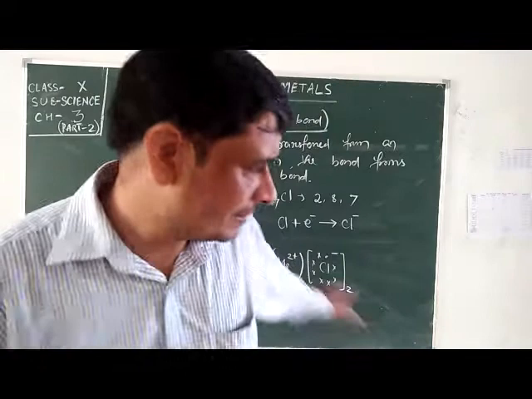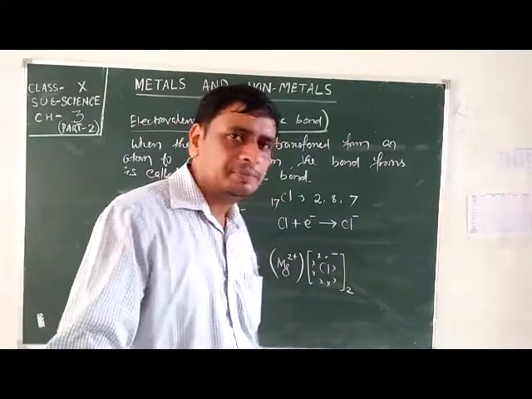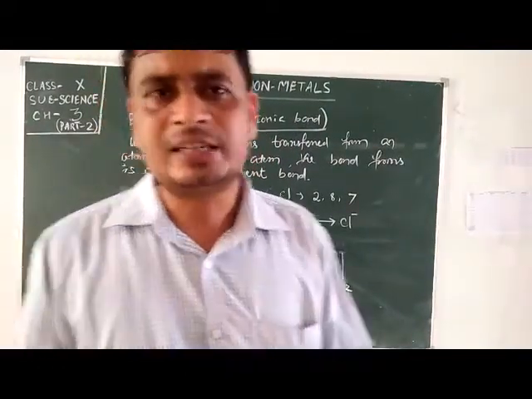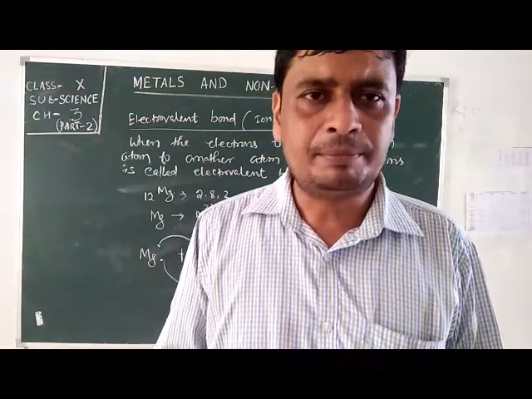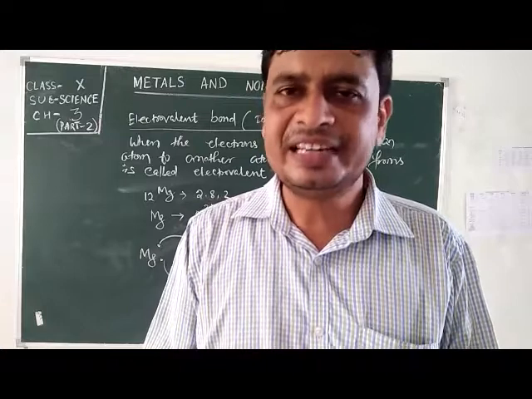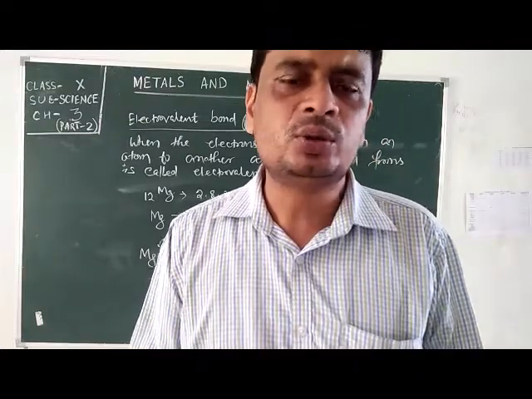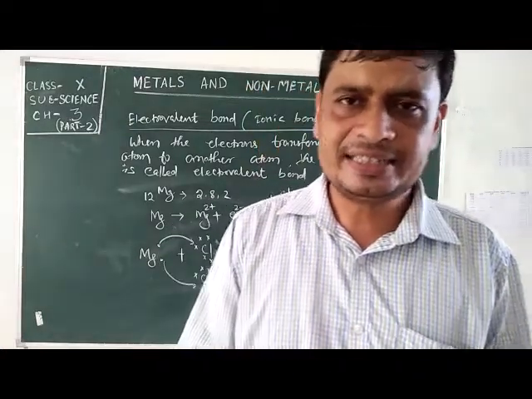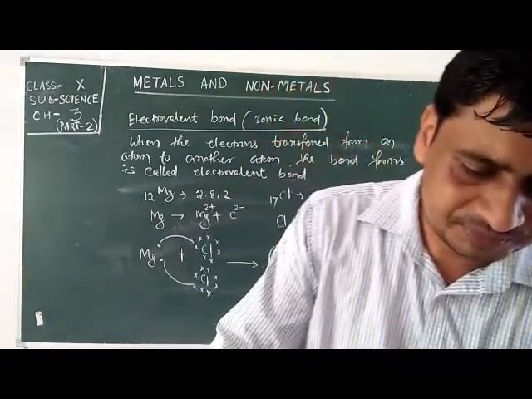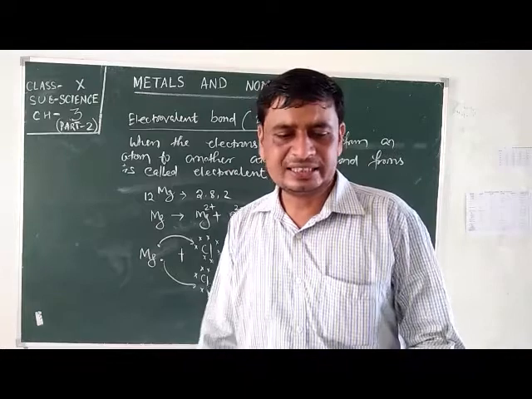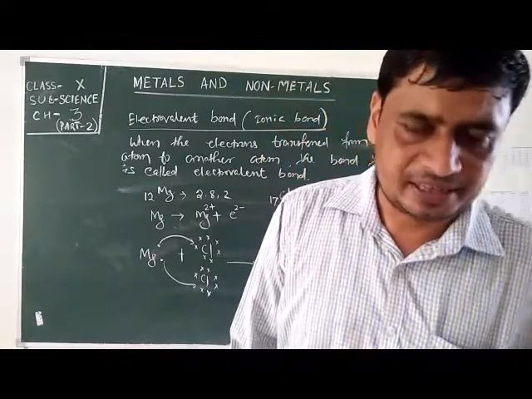In this case, MgCl2 is formed by transferring the electrons from magnesium to chlorine. So this compound is formed by electrovalent bond. So magnesium chloride is an electrovalent compound or ionic compound. Next we will discuss the properties of ionic compounds.